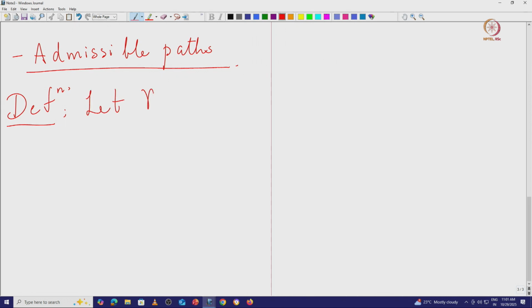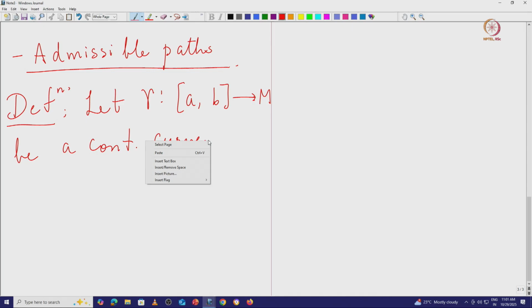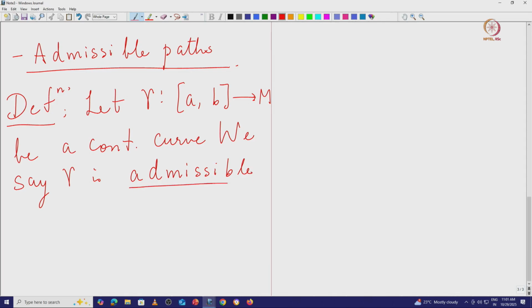Let gamma be a continuous curve. We say that gamma is admissible if the following two conditions hold.